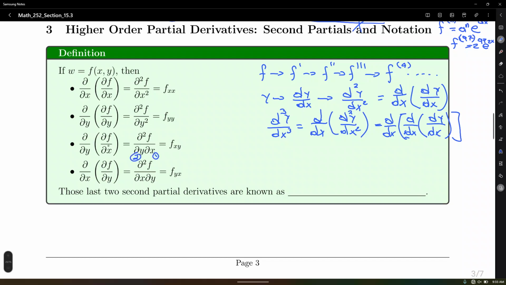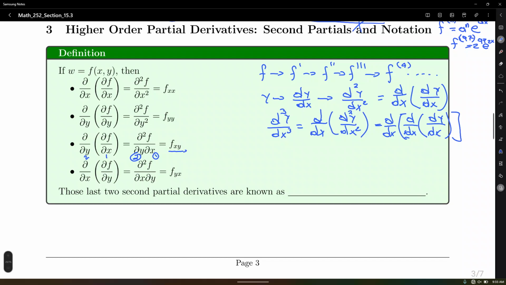Why? Because factoring out the partial derivative operator, what are we doing? Taking the partial derivative of something we first differentiated with respect to x, right? So first with respect to x, then with respect to y. Now, look at the Lagrangian notation. Here we read this notation from left to right. That one goes first, that one goes second.